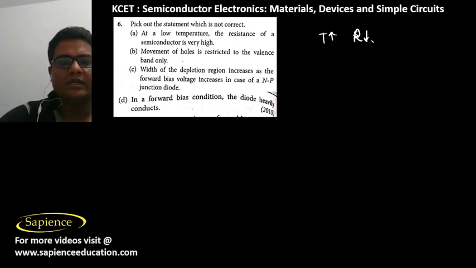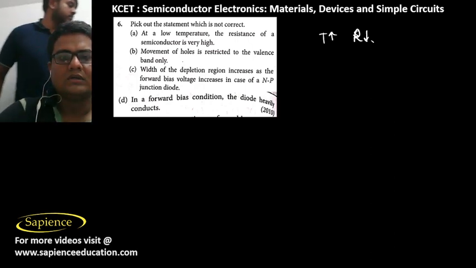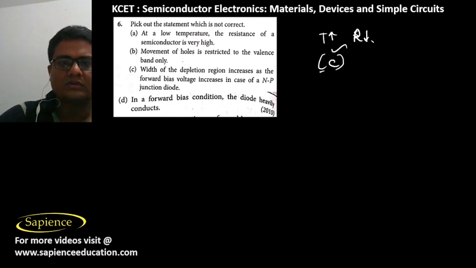In case of a PN junction diode in forward bias condition, the diode heavily conducts, so the width of the depletion region will decrease as the forward bias voltage increases. Option C is the wrong statement.